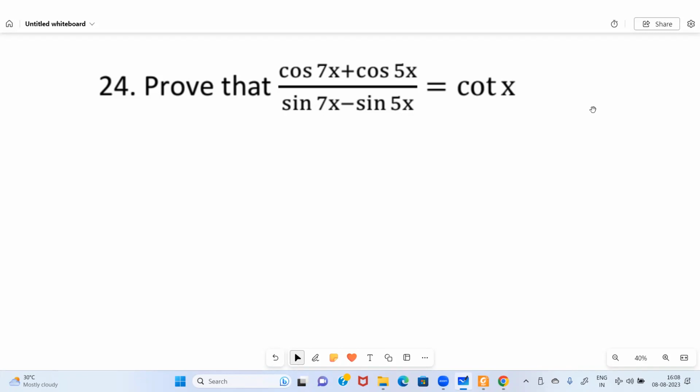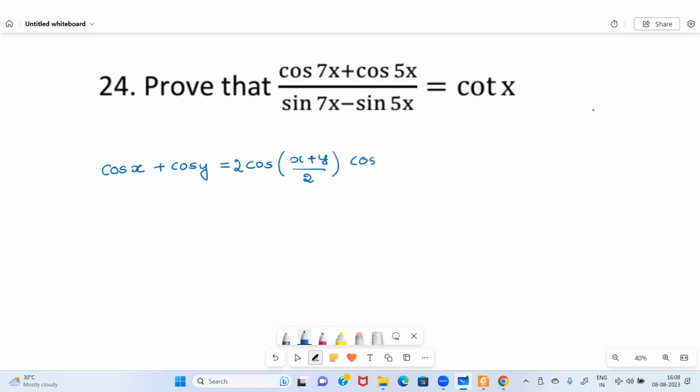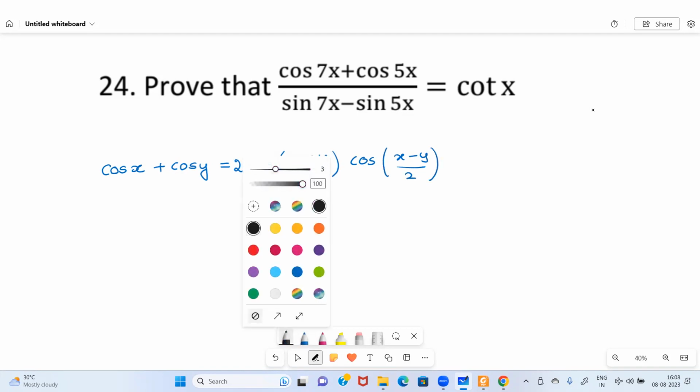So here we will use what we call the transformation formula. cos x + cos y is equal to 2 cos((x + y)/2) into cos((x − y)/2). So for the given question, right, students? Let us write.